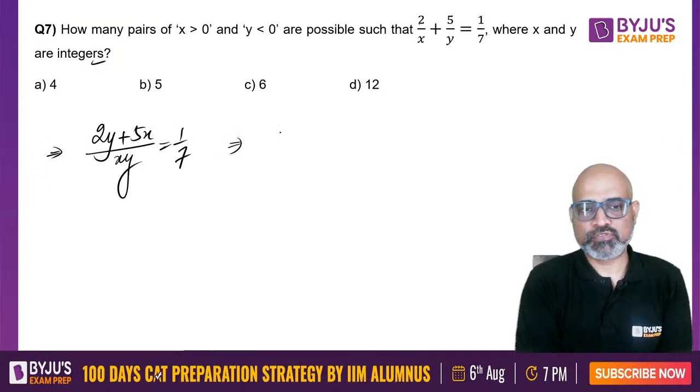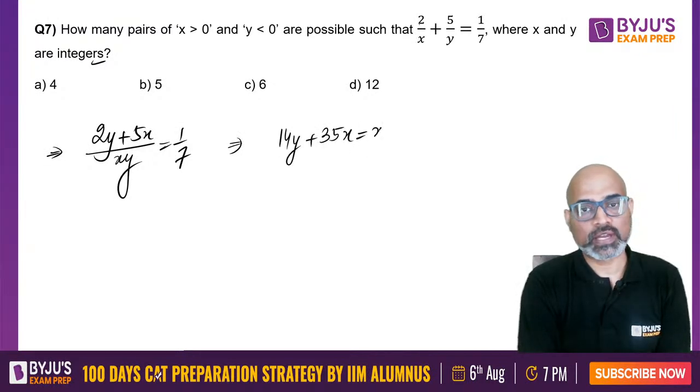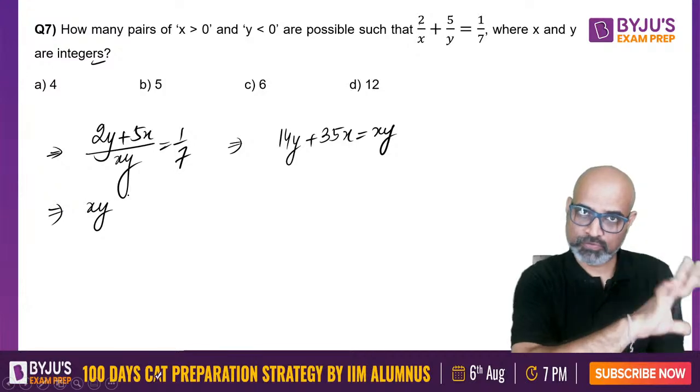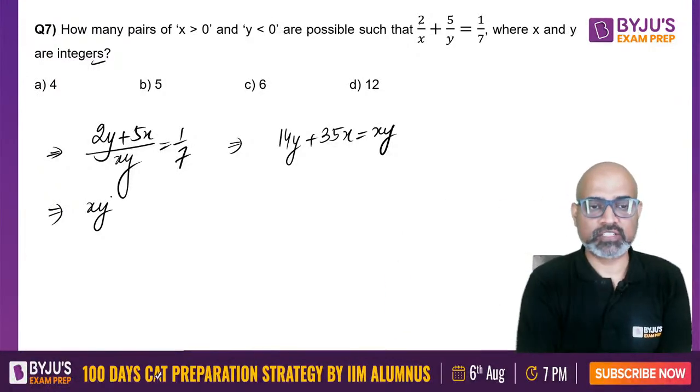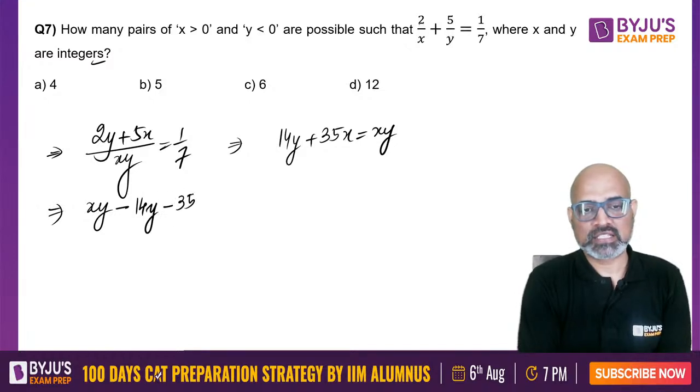The second step will become 14y plus 35x is equal to xy. Then the next step is bring the entire 14y and 35x on one side so that you get xy minus 14y minus 35x is equal to 0.